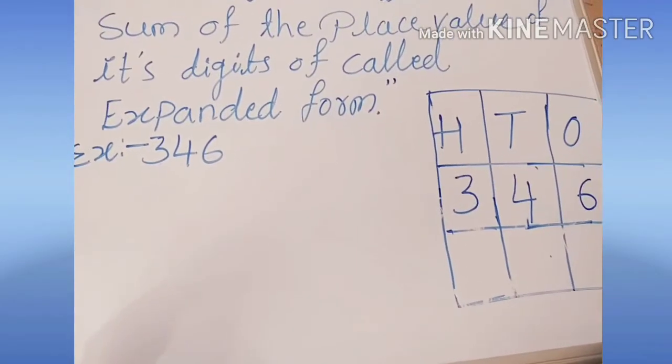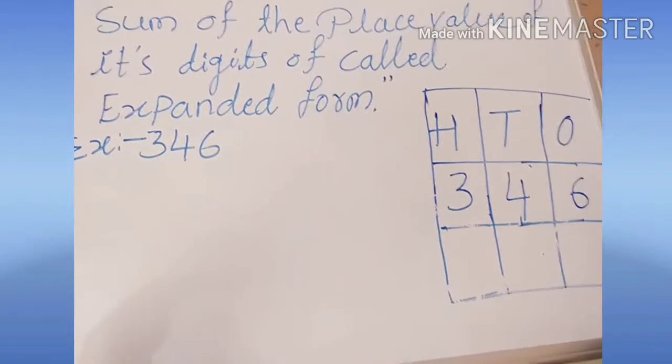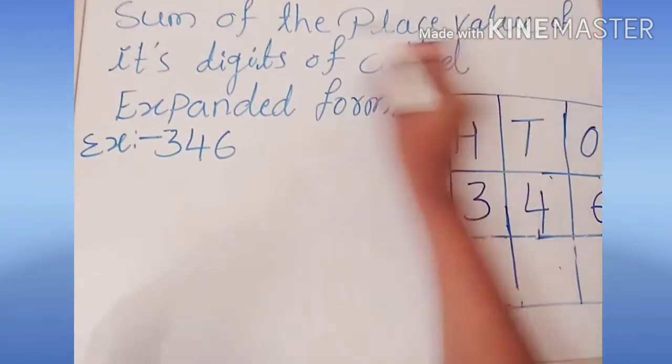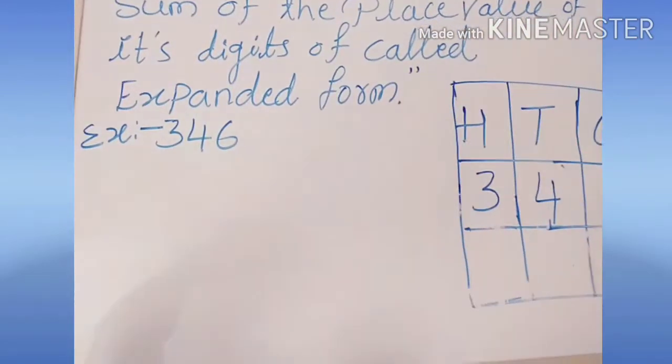Now what do we have to do for writing the expanded form? Yes, we have to add the place values of its digits.